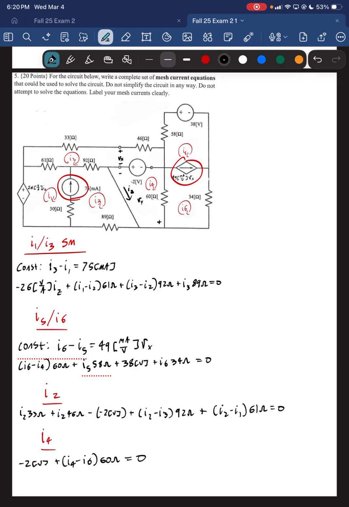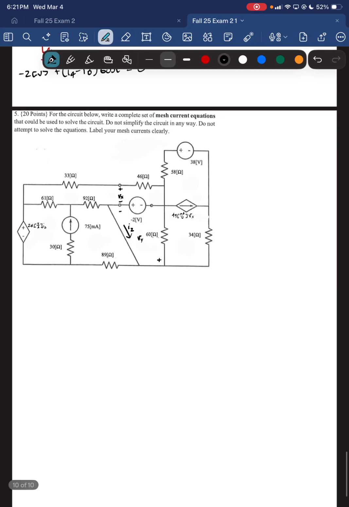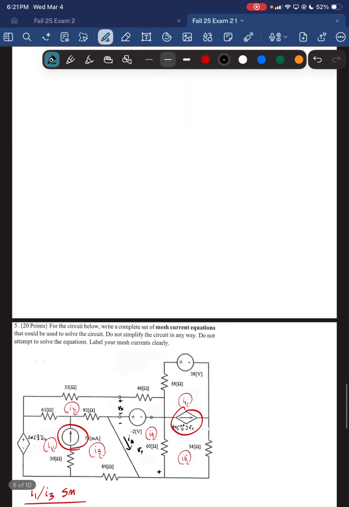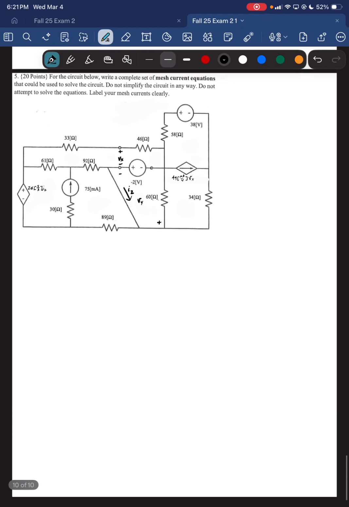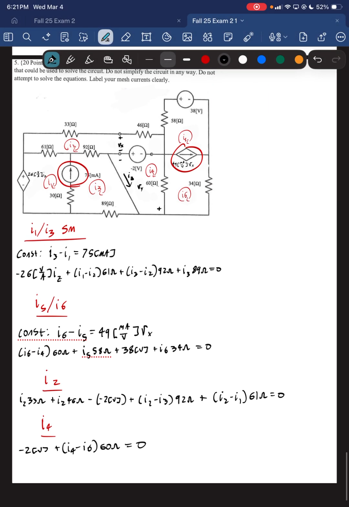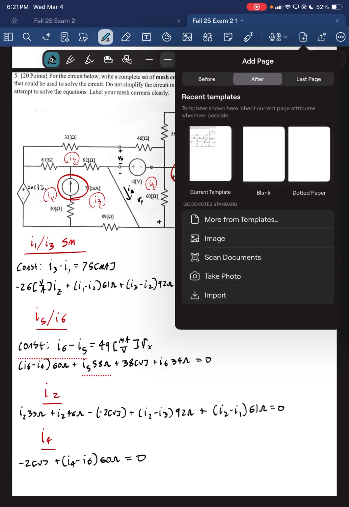Essentially, we're just doing a KVL around that loop. So if there's a wire there, you just don't run anything for it.